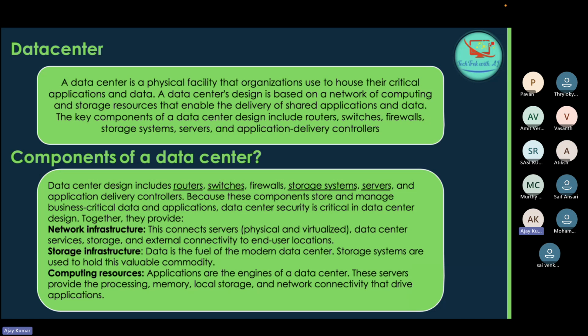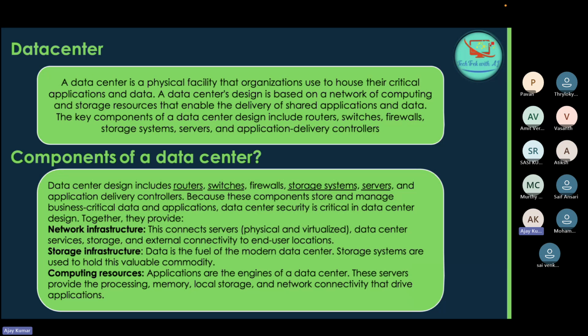Some local storage, some memory, and some processing CPUs will be there. These are the computing resources which connect through a device or a network to transmit transactions between the two systems.